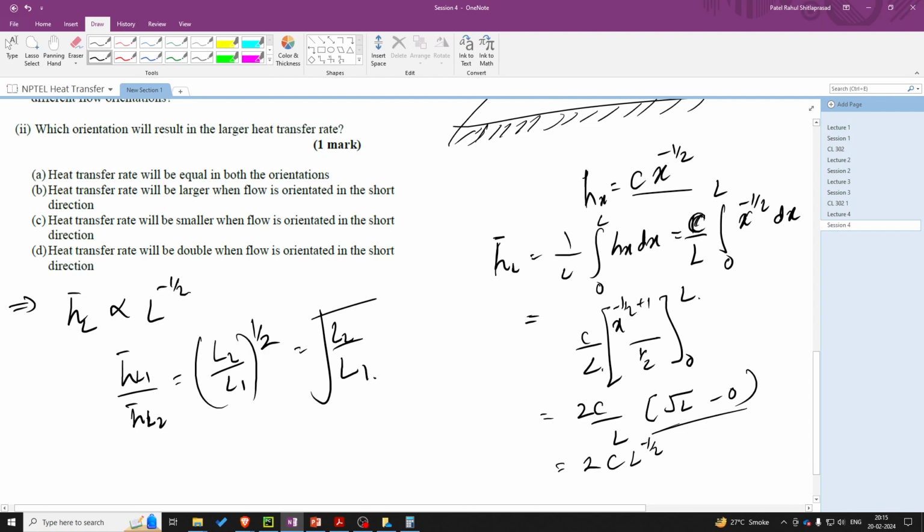And the average heat transfer coefficient will be higher when the length is lesser. So from here you can see that it is inversely proportional to the square root of length. So if the length is less, the heat transfer coefficient will be higher, due to which the heat transfer rate will be higher. So we can say that the heat transfer rate will be larger when the flow is oriented in the short direction. That is, option B is the correct one.